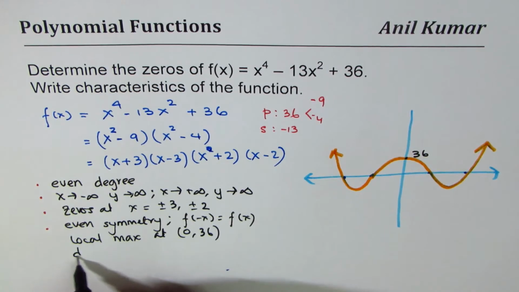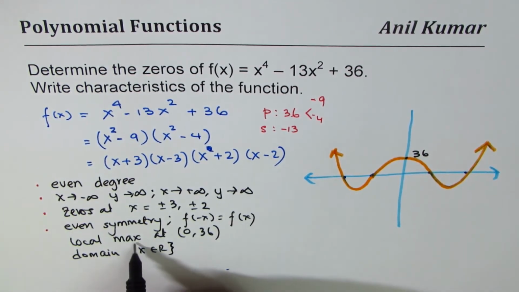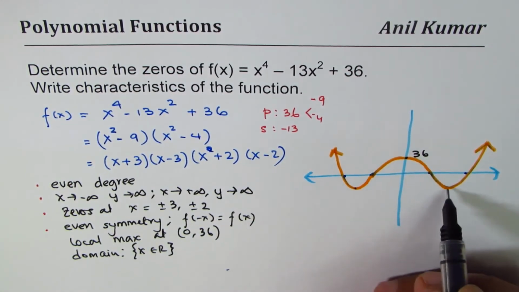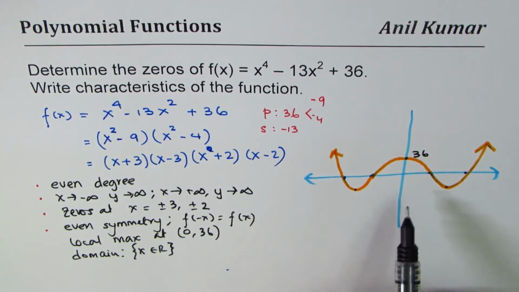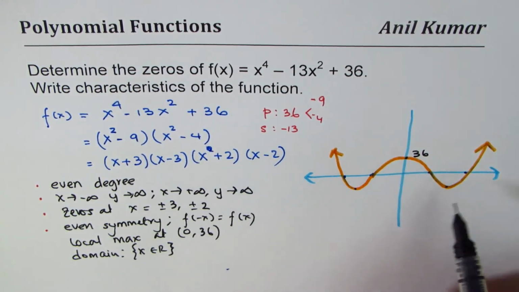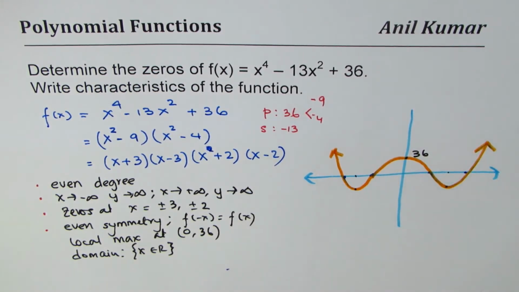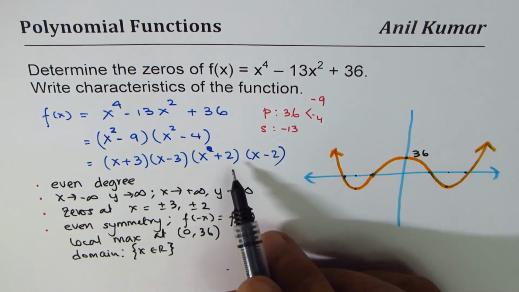Now it's kind of difficult to find. We can try. Domain is x belongs to real numbers. So from the graph you could find these minimum points approximately and give your range also. That is, substitute the midpoint right here and midpoint here to approximately get the range. So range is above some number which you could calculate, right?